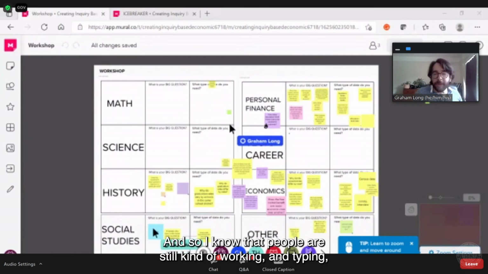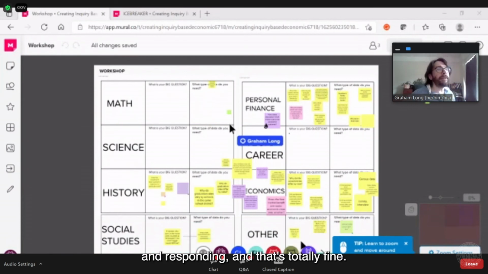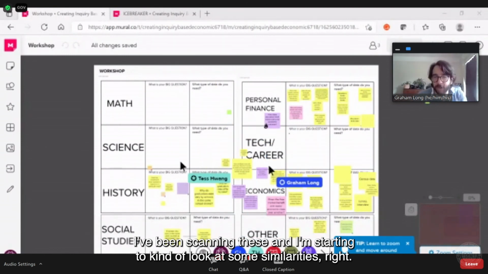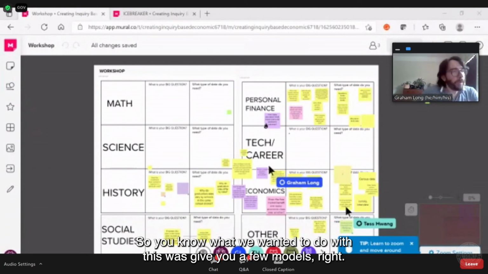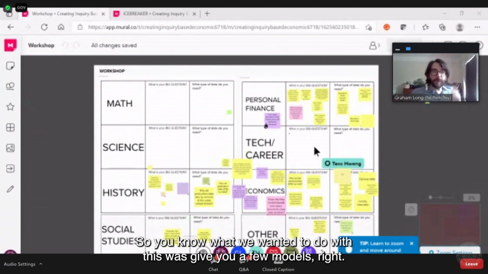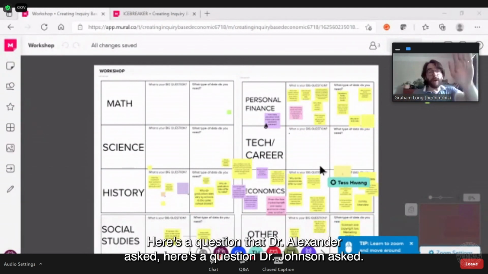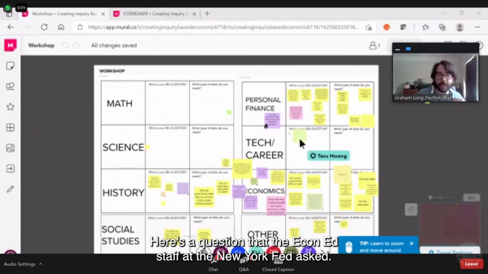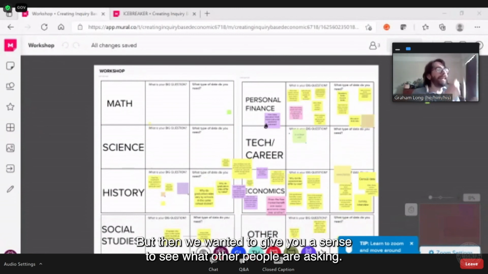And so I know that people are still working and typing and responding, and that's totally fine. I've been scanning these and I'm starting to look at some similarities, right? What we wanted to do with this was give you a few models. Here's a question that Dr. Alexander asked. Here's a question that Dr. Johnson asked. Here's a question that the Econ Ed staff at the New York Fed asked. But then we wanted to give you a sense of what other people are asking.